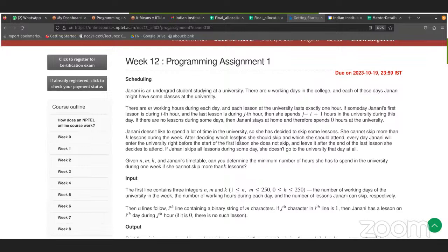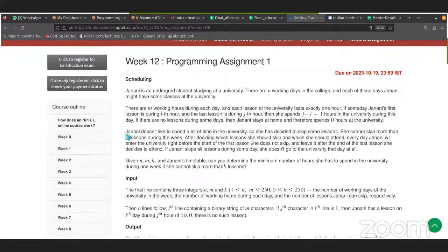If there are no sessions, she is not going to come to the university. Janani doesn't like to spend a lot of time at the university, so she has to skip some lessons. She cannot skip more than k lessons during the week. So this is the constraint we have: she can skip at most k lessons in the week.